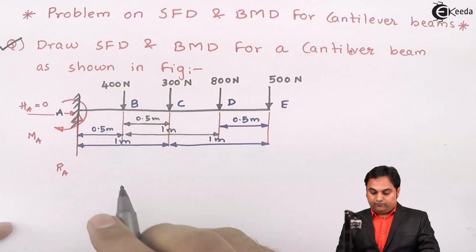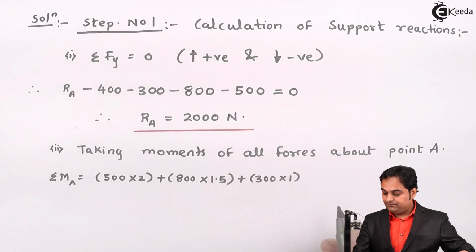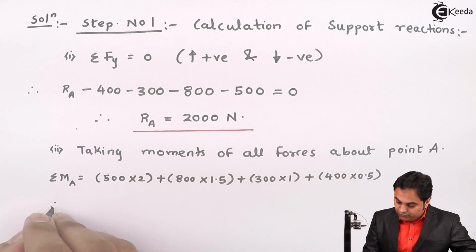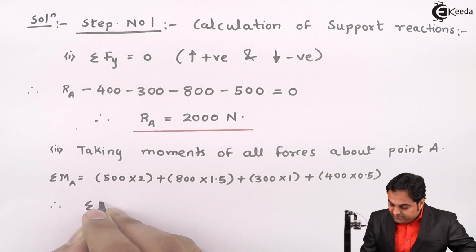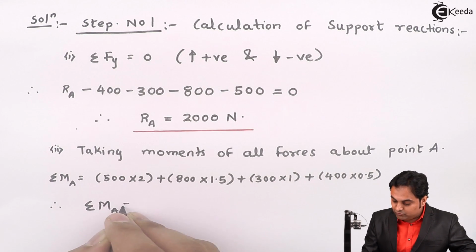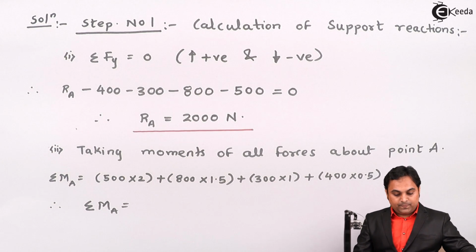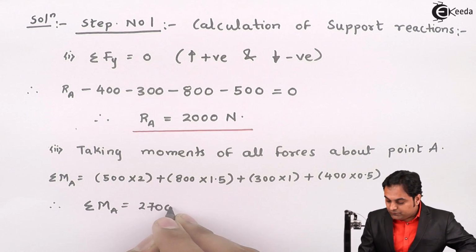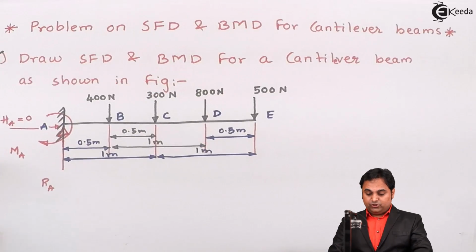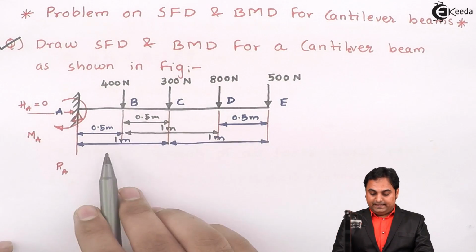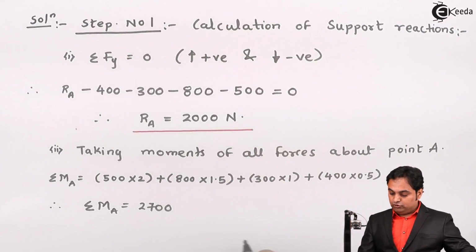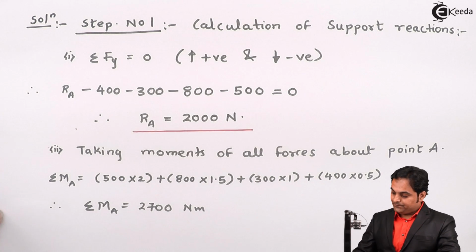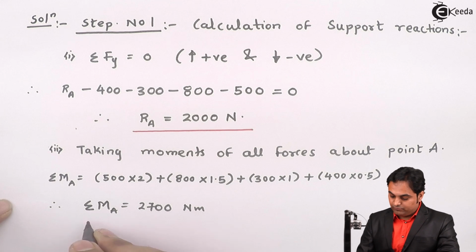Next, 400 into 0.5. So therefore, on calculating, I will get the summation of moment about point A as 2700. Unit will be, the unit of force is Newton and distances are in meter, so value of bending moment will be Newton meter. That will be the unit of moment.